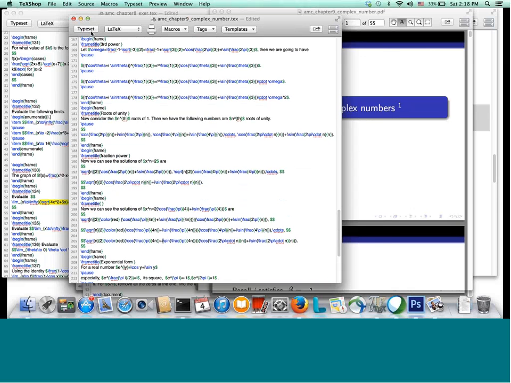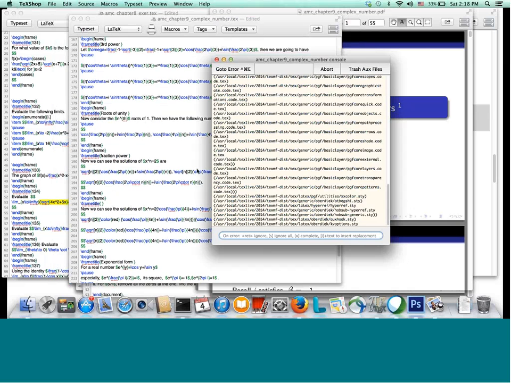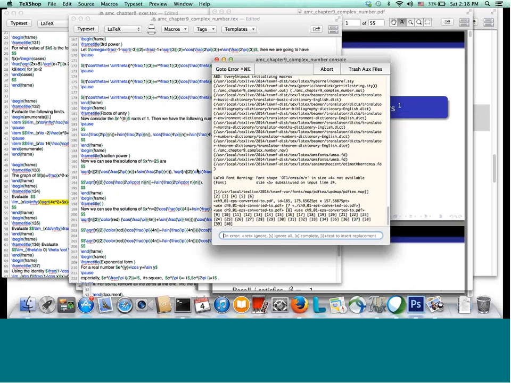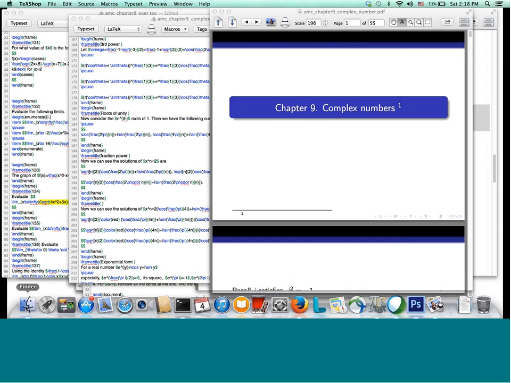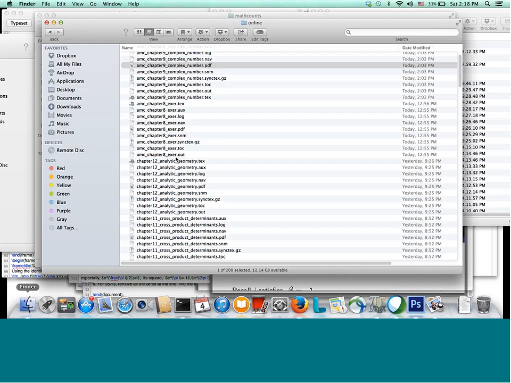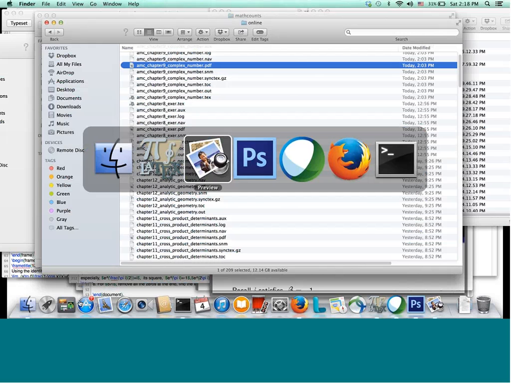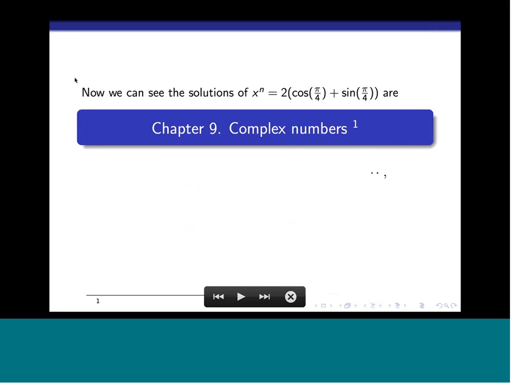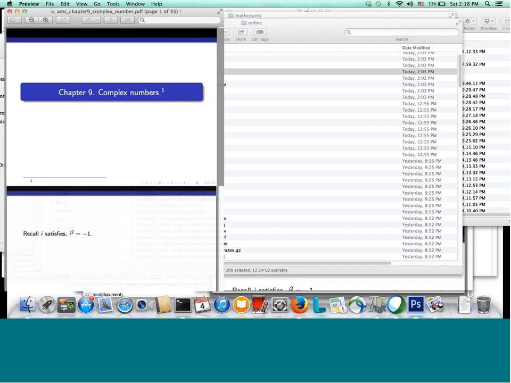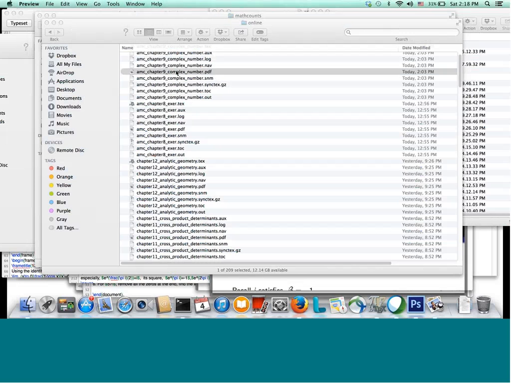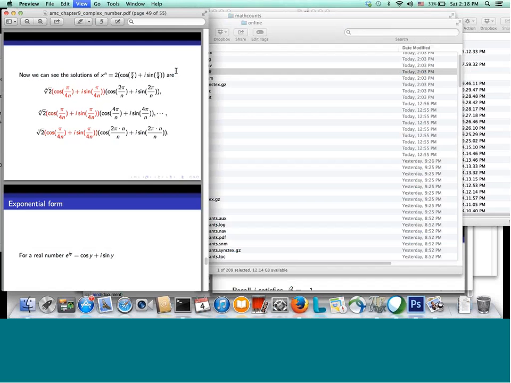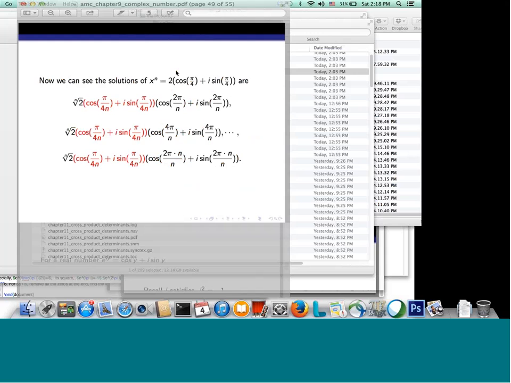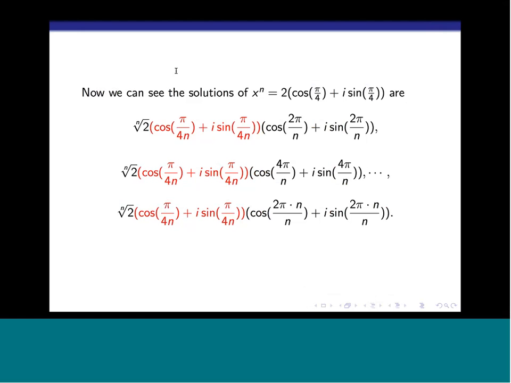Okay, here we go. So you have that equation. Essentially, it's only the root of unity that matters when solving those kinds of equations.